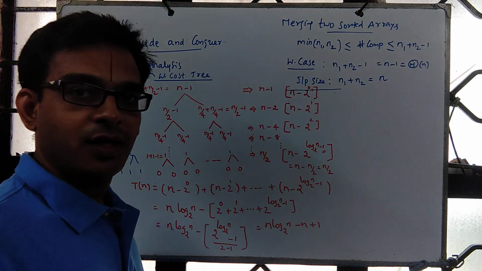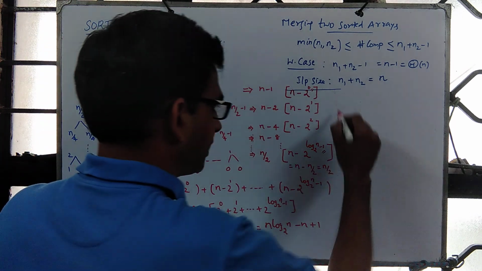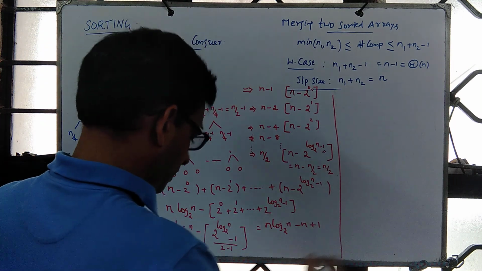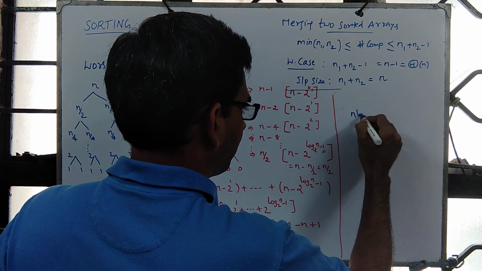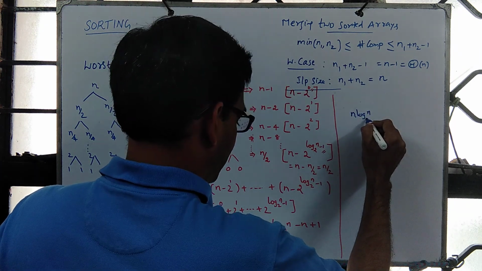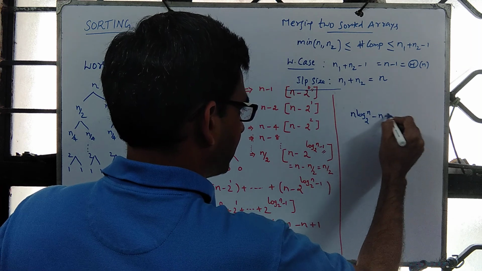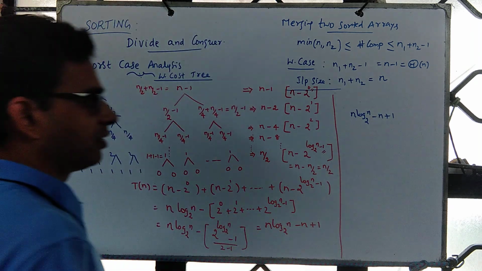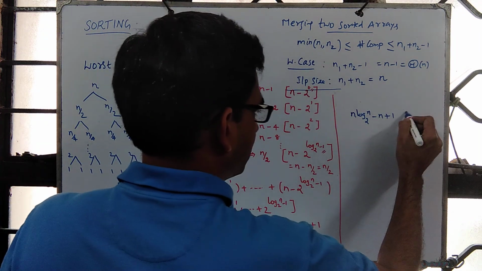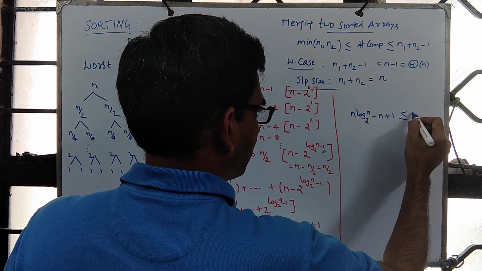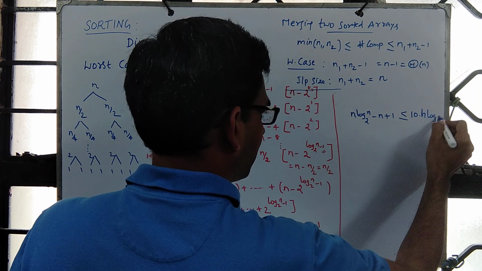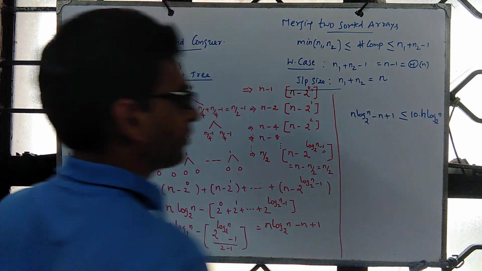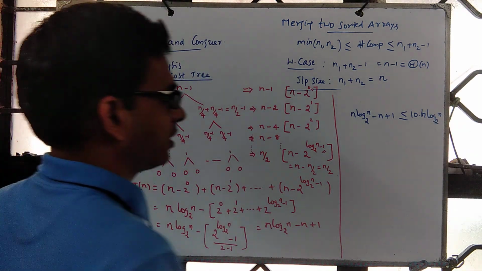Correct? Now we can see that this value n log n base 2 minus n plus 1. Correct? So this is at most we can say 10 times n log n base 2. Correct?